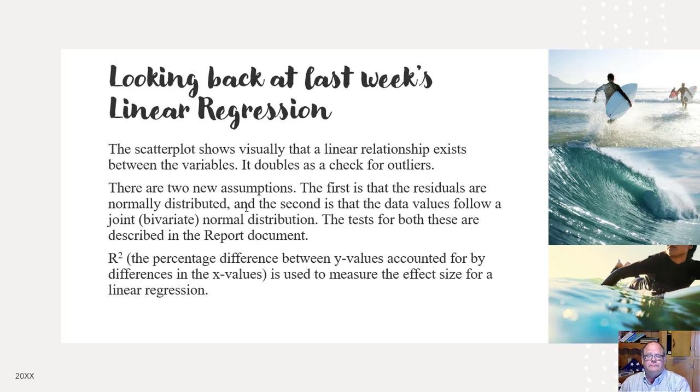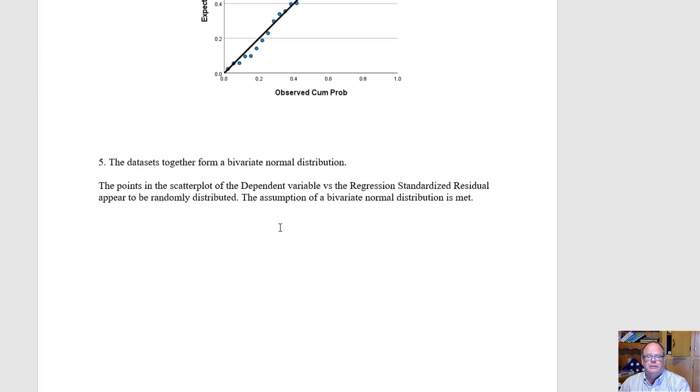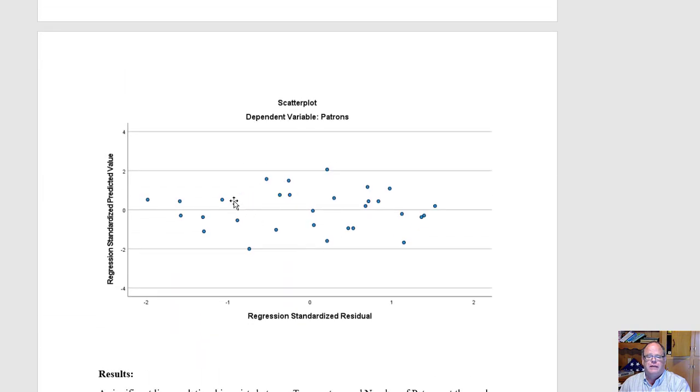And then the second is that the data values follow a joint, or bivariate, normal distribution. This is the next test down here. The points in the scatter plot of the regression standardized residual should appear to be random. This plot right here should look like there's no pattern.